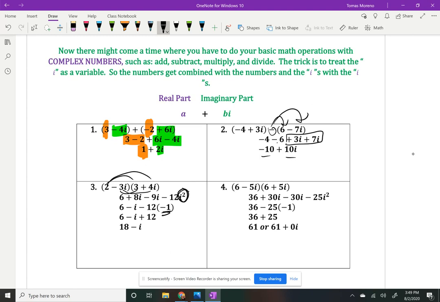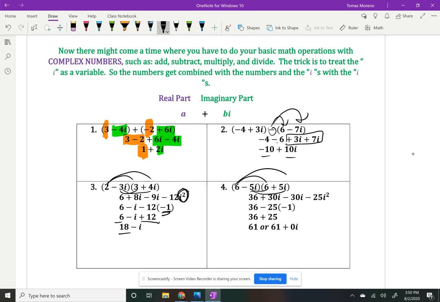I mean, sorry, not -12i squared. It's -12 times -1, which becomes a positive 12, which we could then add to the 6, which we get 18. Okay, so just be very cognizant of that.